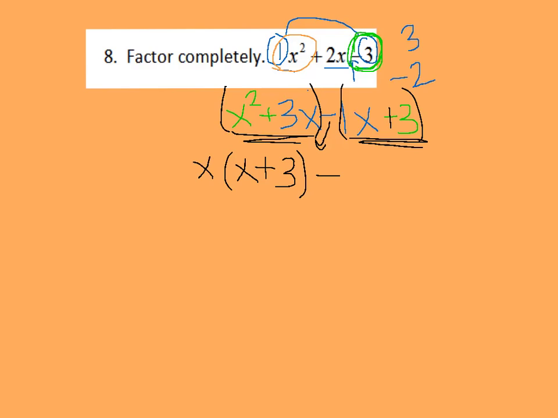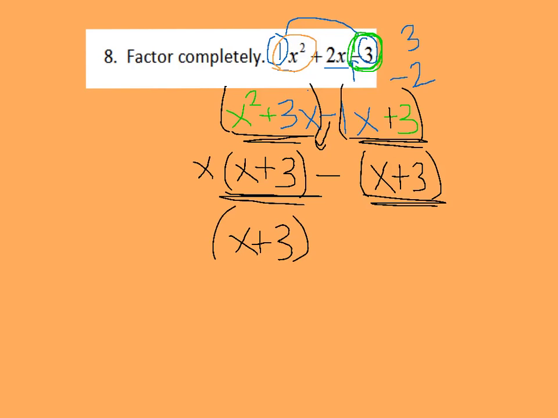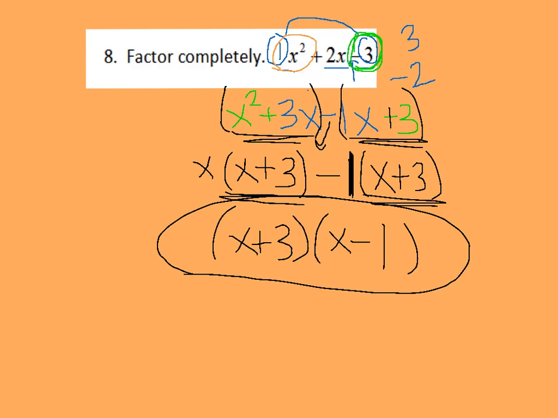Remember, you have to switch your middle sign there in that second set of parentheses, so I have x plus 3. Perfect. I'm left with two things that are exactly the same in that set of parentheses, so that comes down. And then my second set of parentheses gets filled up with the things that were left alone, which in this case is x minus, there's a 1 there. Don't forget about that 1. That's your answer.